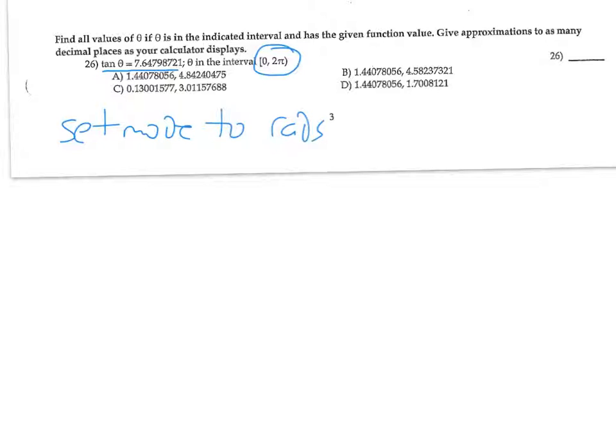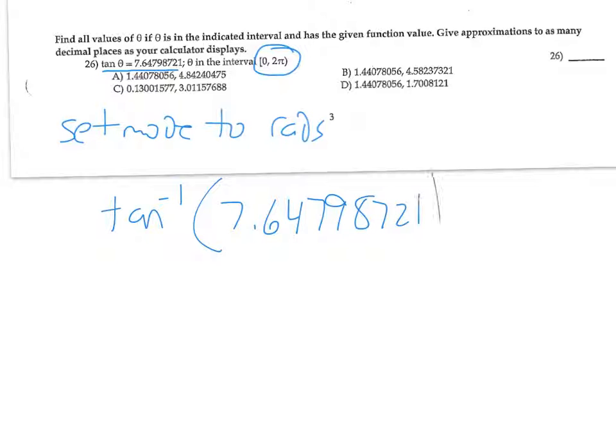Once you're in radian mode, then we know to get from the answer for tangent to the angle requires inverse tangent. So inverse tangent of 7.64798721, and if you do that on your calculator, I get 1.44, and so on. What we realize here is that that is the reference angle.